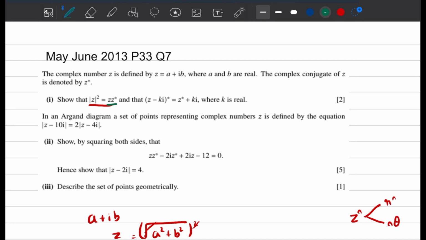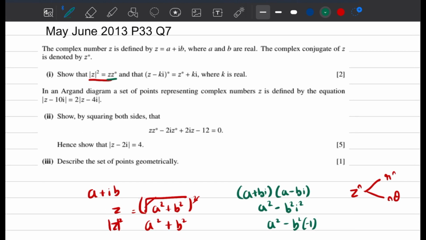z conjugate times z. So what was z? a plus b iota multiplied by a minus b iota. So it's going to result in a square minus b square i square. I square's value is what? Minus 1. So it's going to become a square plus b square. So did you show this first point?